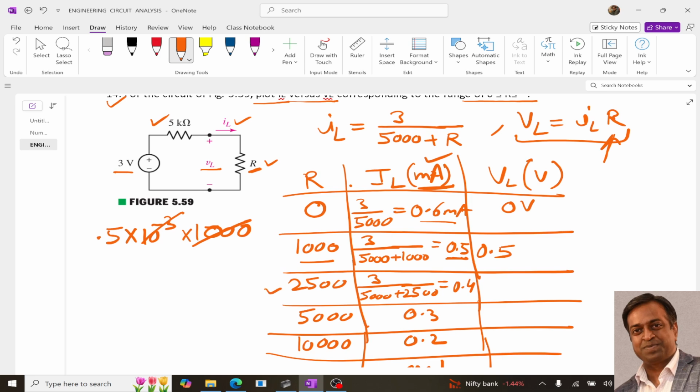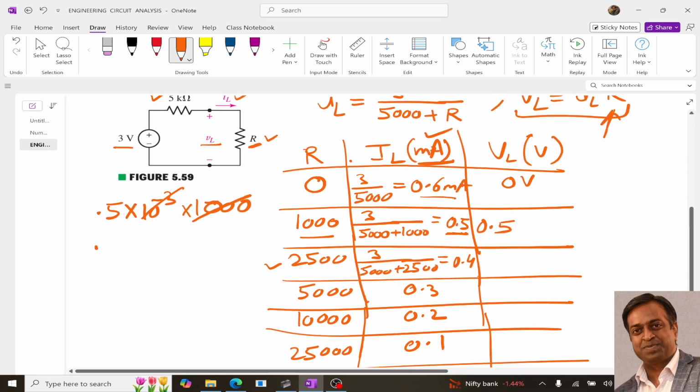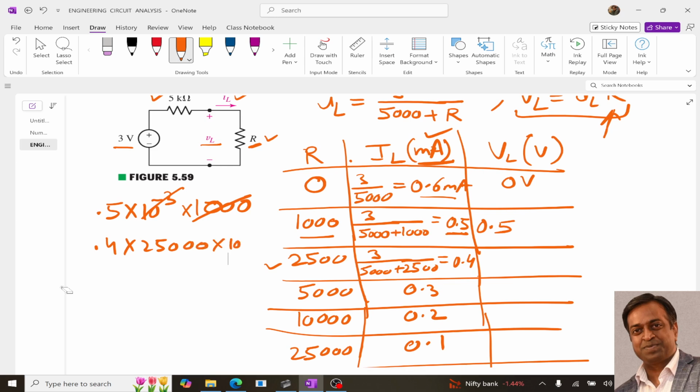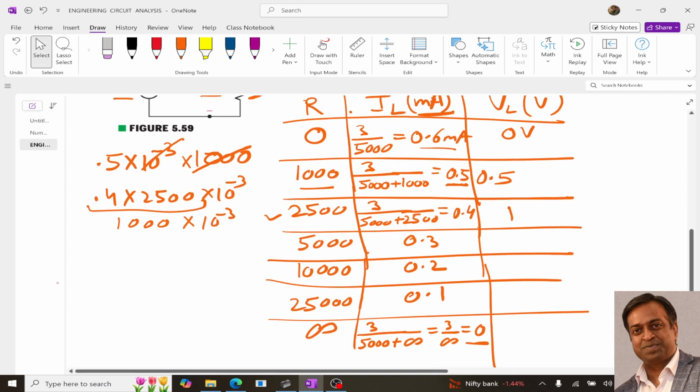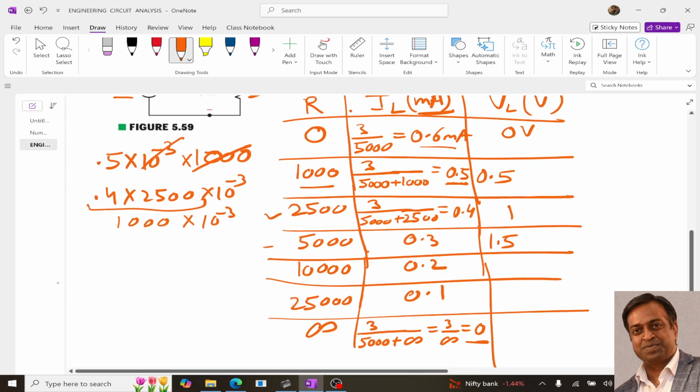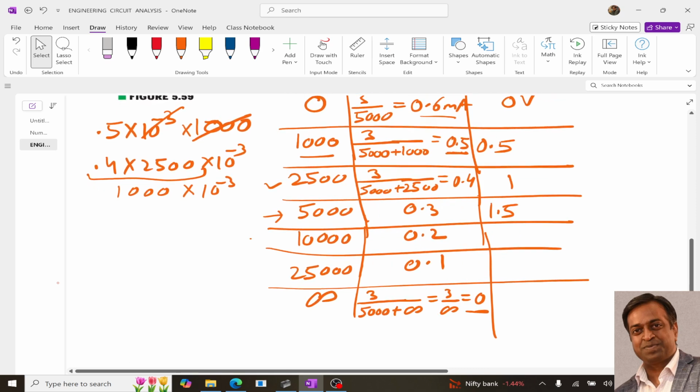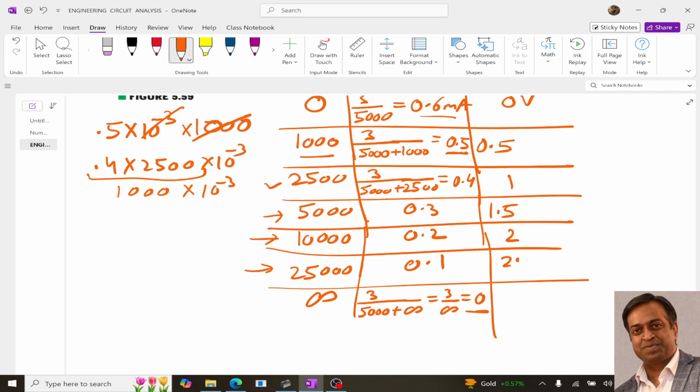Similarly for this, 0.4 into 2500 into 10 power minus 3, so we get 1. Similarly, for 5,000 we will get 1.5 volt. For 10,000 we will get 2 volt. For 25,000 we will get 2.5 volt.